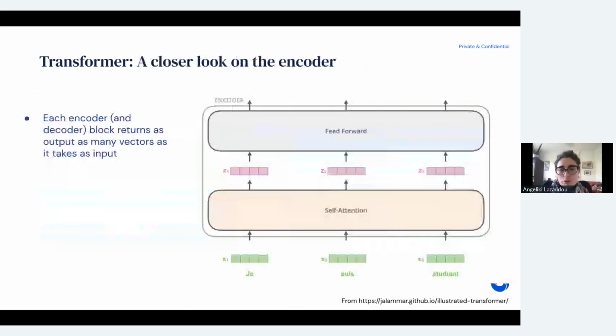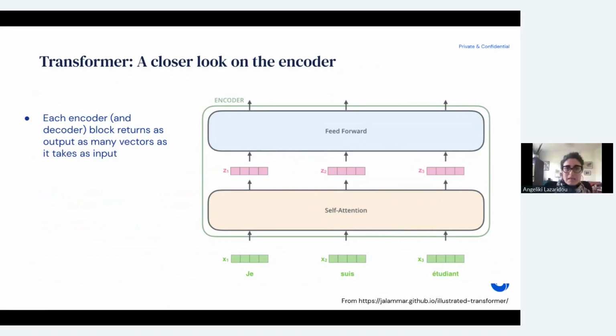Now, taking a closer look at the encoder, we see that an encoder takes as input a set of words and returns a set of vectors essentially, and it returns as many vectors as it took as input. So if we take as input 3 vectors, we are going to return 3 vectors.